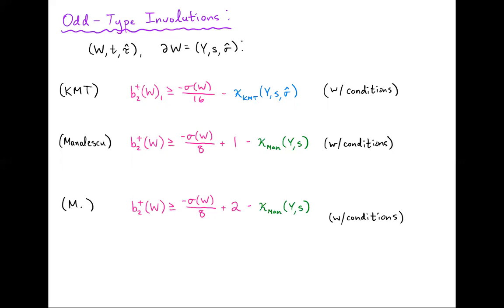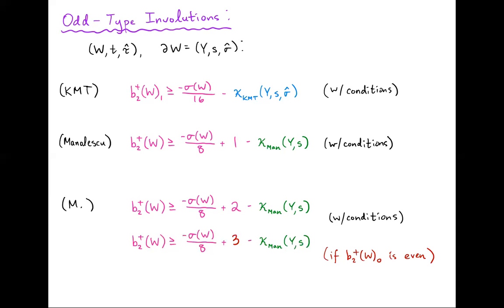Basically we can do one better than Manolescu's inequality. There's a lot of hard work too. And actually, you can do a little better sometimes. I can improve that to a plus 3 if I assume that the trivial part of b2+ is even. So this is what we'll be working with.